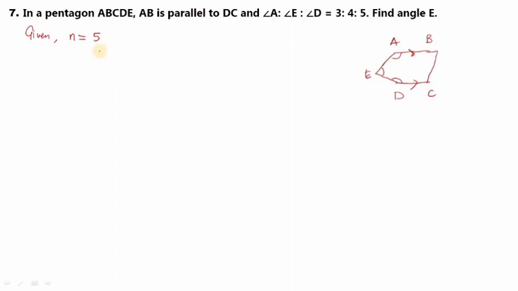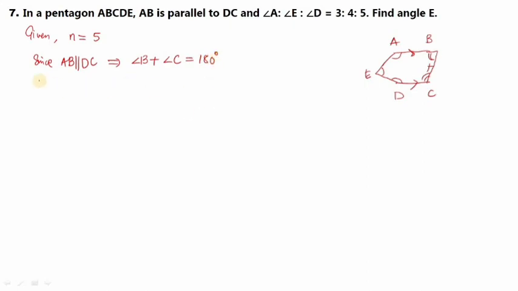So let's find the sum of the interior angles later. Now if these two are parallel lines, then there's a special theorem which says that if you add these two angles, your total will be 180 degree. Since AB is parallel to DC, angle B plus angle C is 180 degree.